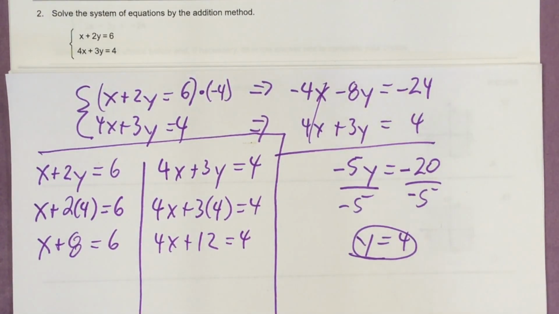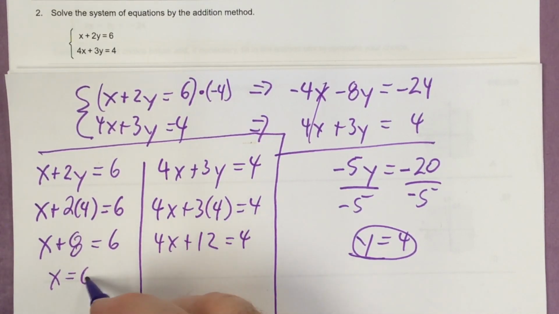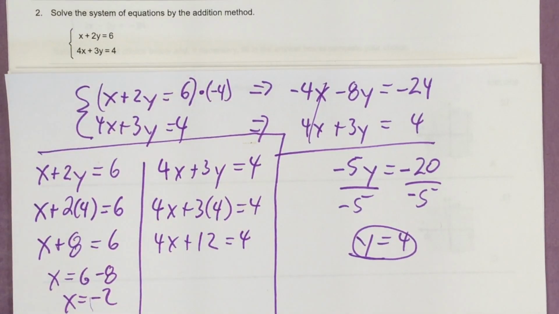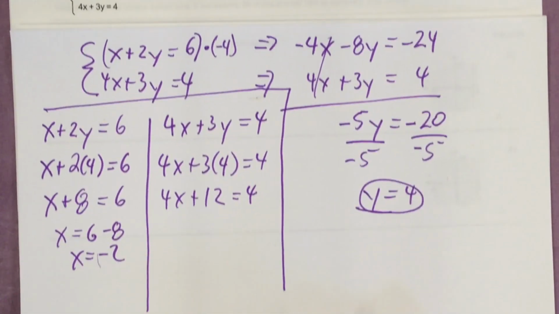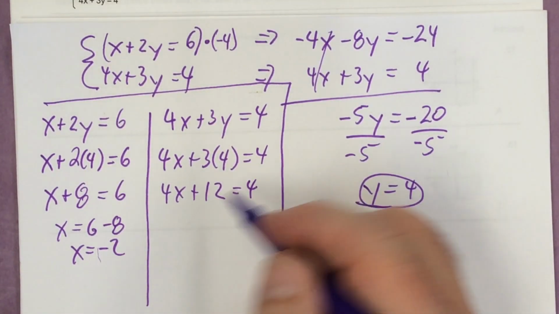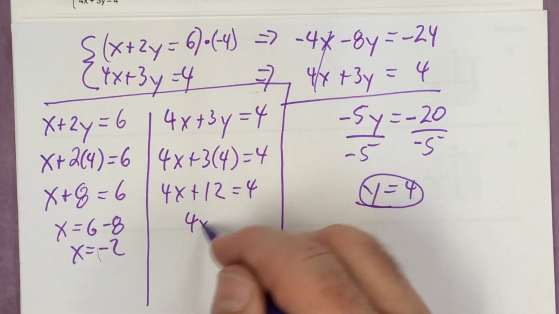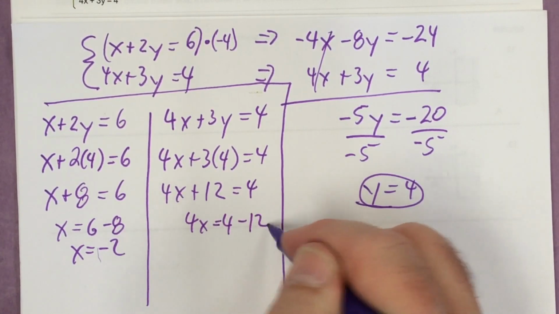At this point, I'm just going to move my 8 over to get x equals 6 minus 8, or x will equal -2. I'll push this up a little bit because the other problem is going to be a little longer. If I move the 12 over, I'm going to have 4x equals 4 minus 12.